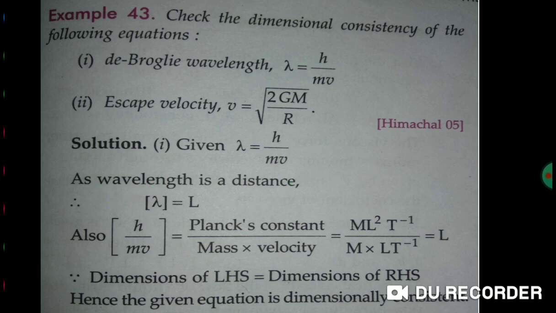Now the RHS part, h by mv. h is Planck's constant, m is mass, v is velocity. So we can directly put the dimensional formulas from the given table.